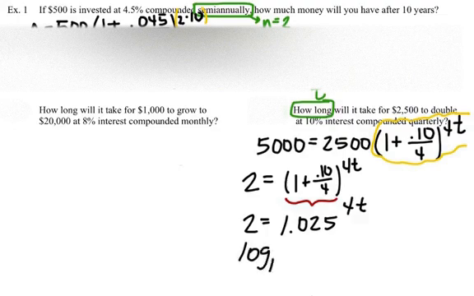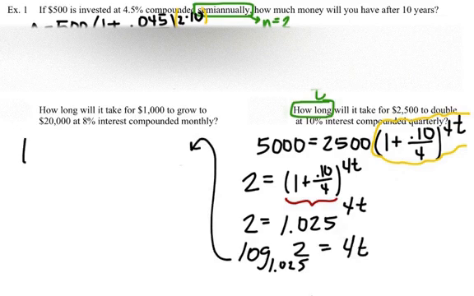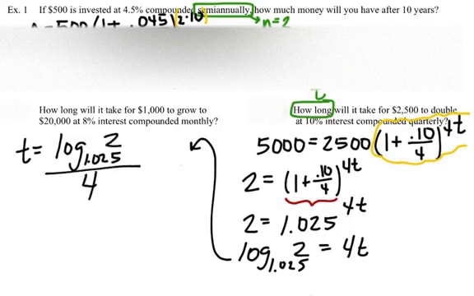Log base 1.025 of 2 is equal to 4t. And then divide by 4. So t, time, the number of years, will be log base 1.025 of 2, all divided by 4.